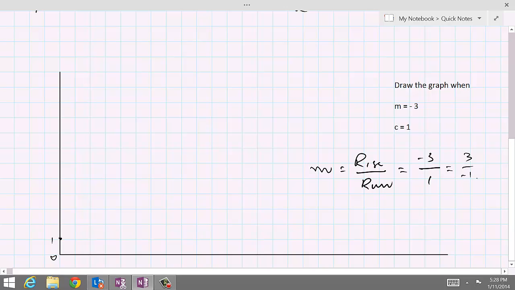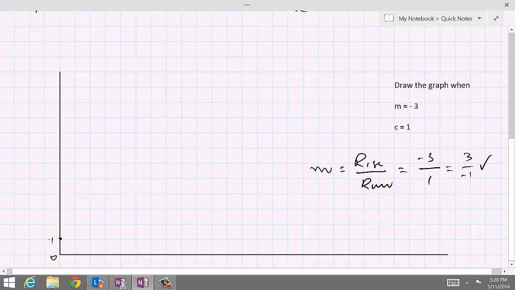Whichever way you go, your answer is always going to be the same. So here we run -1 if we take the first quantity. If we take the second expression, the run is -1, so we have to go to the left instead of going to the right.